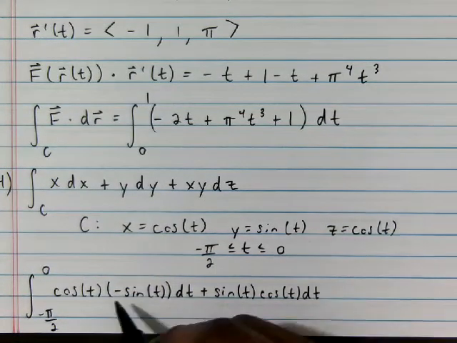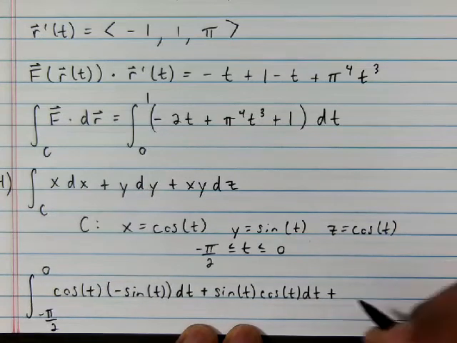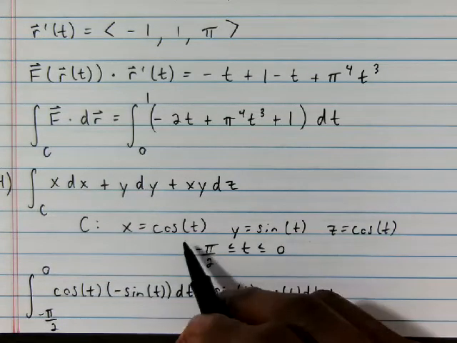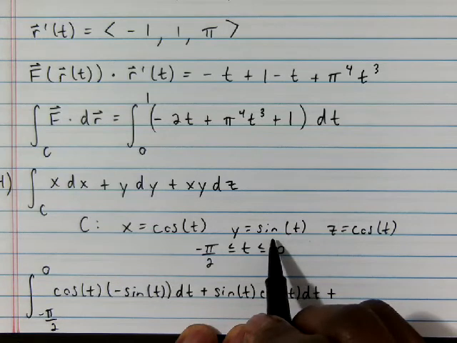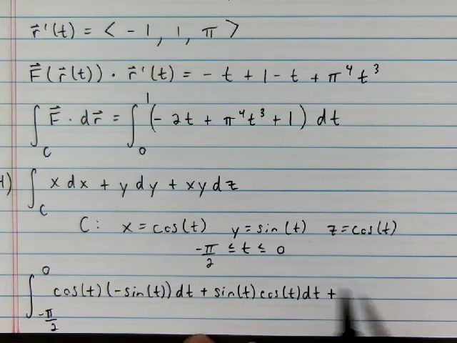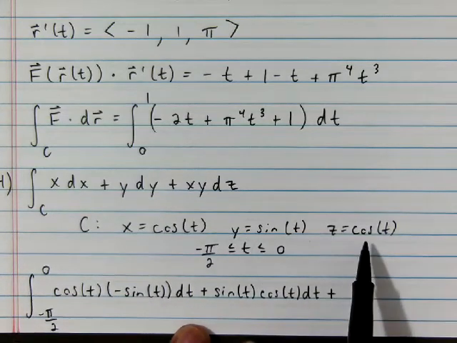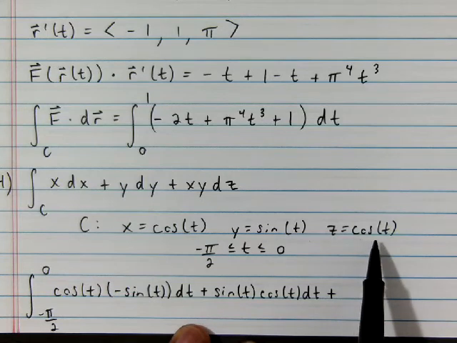These two terms actually cancel, but too late for me to do anything with that now. So x times y is cosine t times sine of t. And to save space, I'm going to go ahead and do this now, so I don't have to write all three terms out. Cosine t times sine of t times dz. dz is going to be negative sine of t dt.